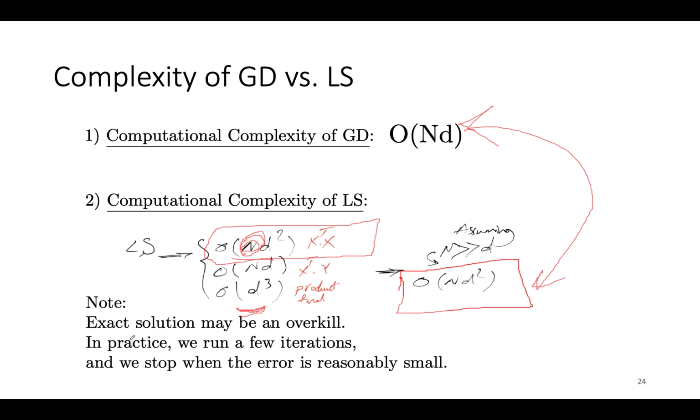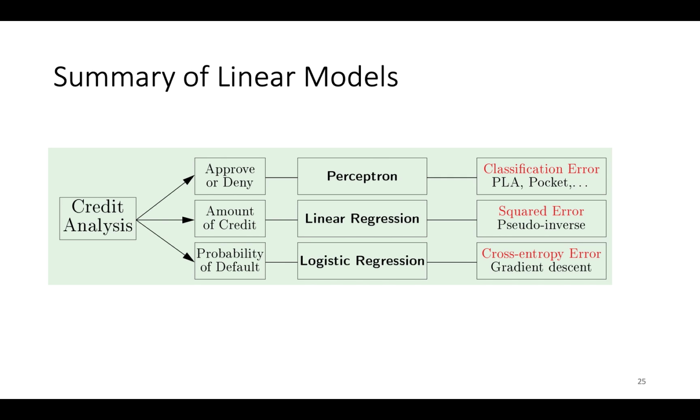All right, so we're almost done with the linear chapters of our course. I'm just going to wrap up here with this slide. For that credit card application that we saw, in the case of linear classification, we use perceptron, right? It would be either an approve or disapprove, or deny.